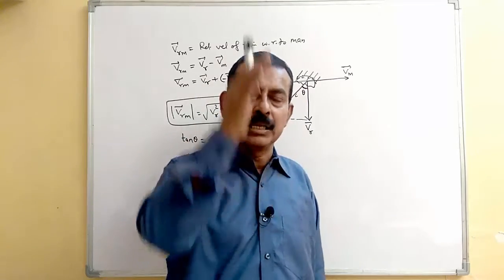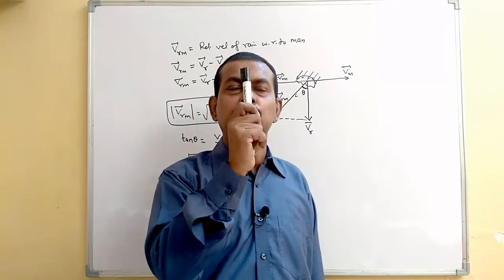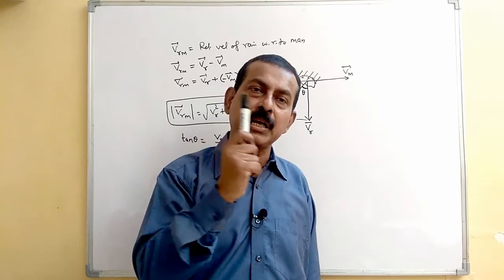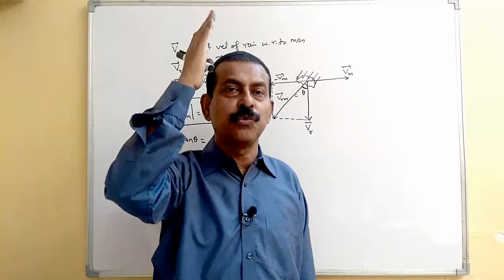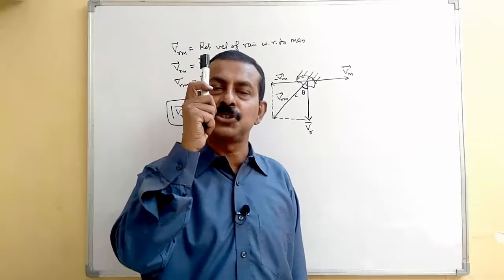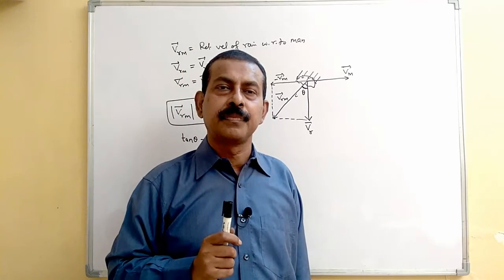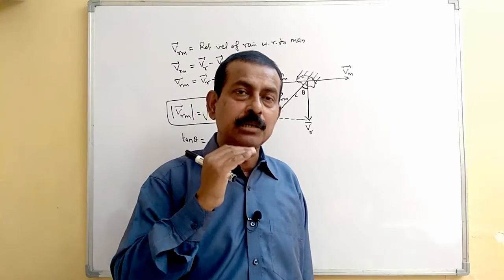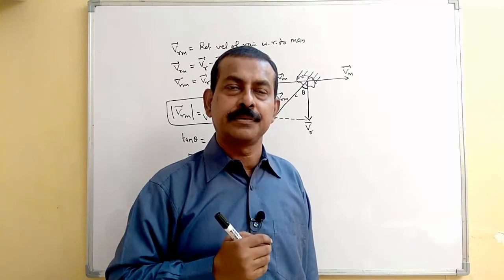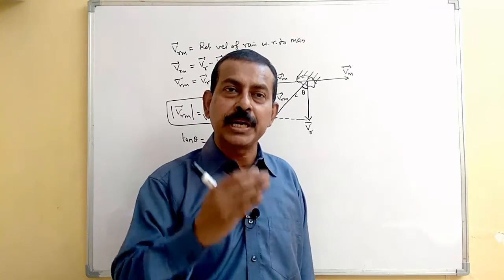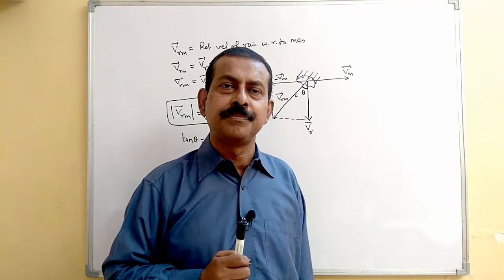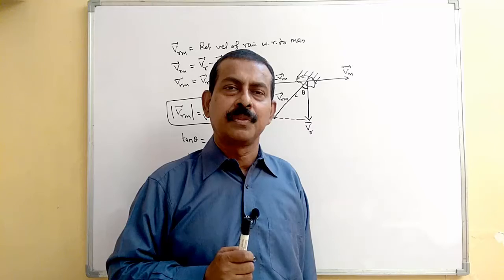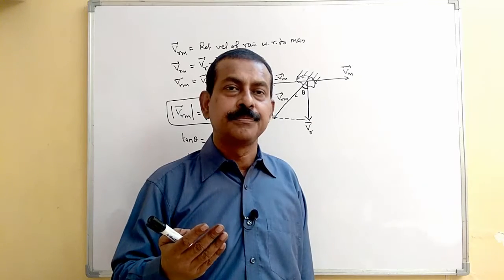Just as, if the rain is falling vertically, we hold the umbrella straight to protect ourselves from the rain. Similarly, at noon, when the sun is overhead, we hold the umbrella straight. But when we start moving or running to protect ourselves from the sun rays, do we need to tilt the umbrella? We don't need to tilt.